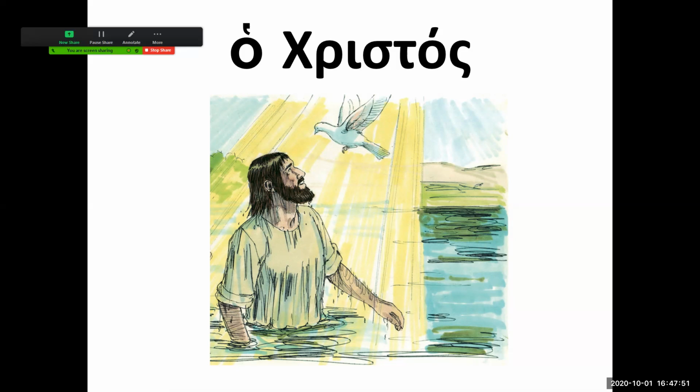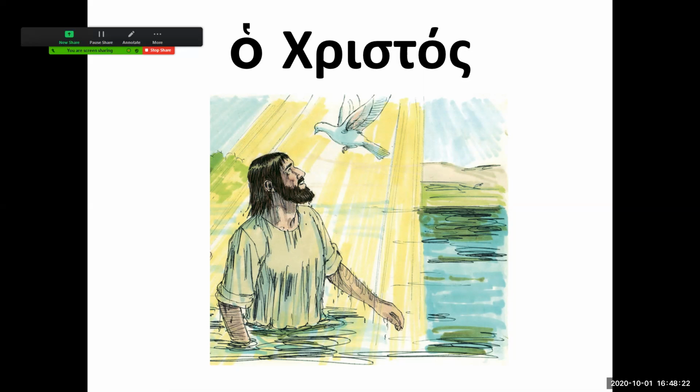The Jews expected the Messiah, the anointed one, and in Greek, anoint is the verb chrio, and the noun form is Christos. Doesn't sound like Yeshua or Mashiach, Messiah, the anointed one, but that's because this is Greek and not Hebrew.